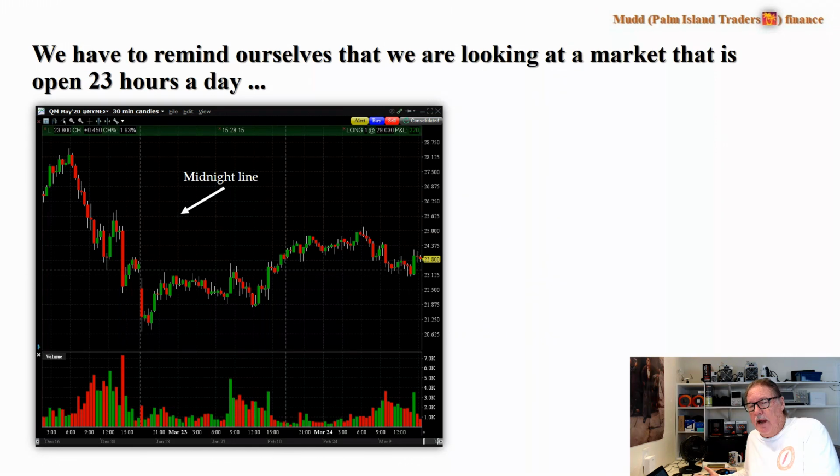This, of course, actually justifies the use of algos to trade futures because you can't be looking at this 23 hours a day. And others use stop orders, but I really don't like stop orders for reasons I've already explained in the class. I don't think stop orders or stop limit orders are really all that suitable.